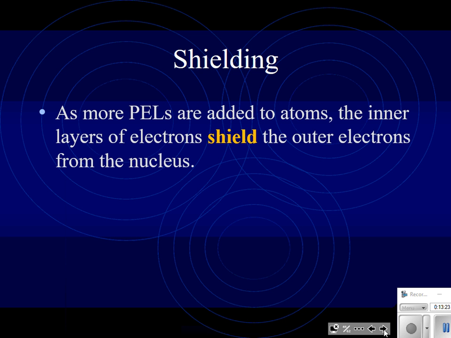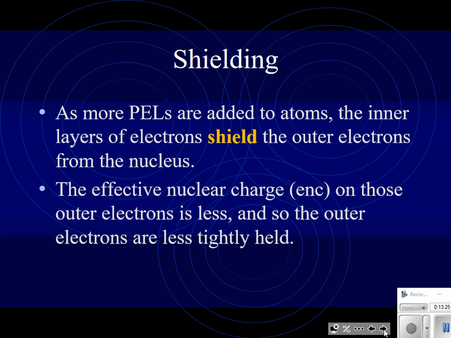Now we're going to talk about shielding. All shielding is that when we have more energy levels added on, the inside levels shield the outside levels from the nucleus. So the effective nuclear charge on the outer electrons is less than on the inner electrons.